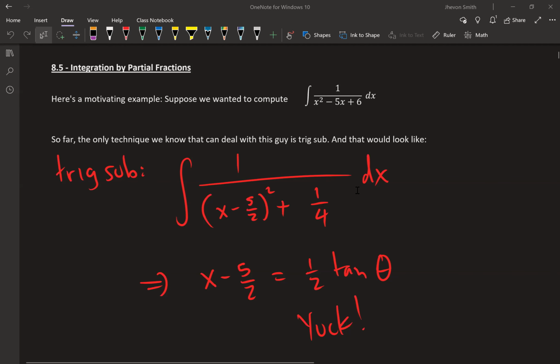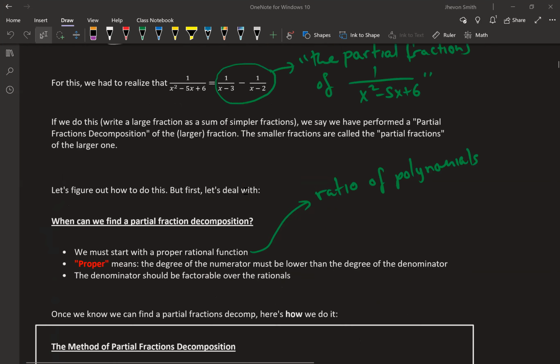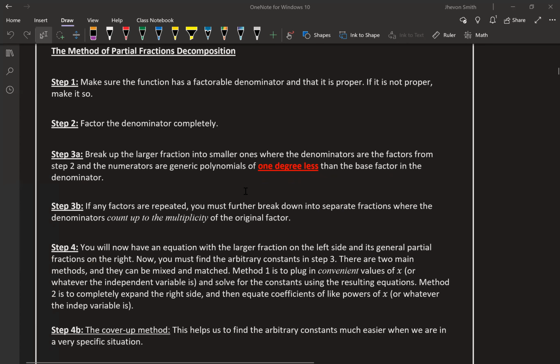This was very useful because there are some situations in which the best way we know how to deal with it outside of partial fractions is to use a trig substitution, but we all know already that that's kind of annoying to use. So if you can avoid trig substitution, it's going to be good. We went through the 4 steps for how to actually perform a partial fraction decomposition, and hopefully we understood that as well.